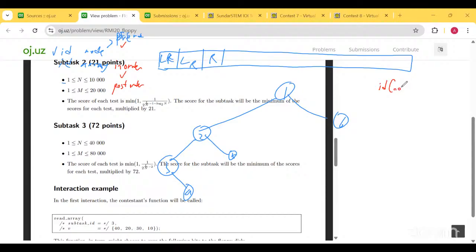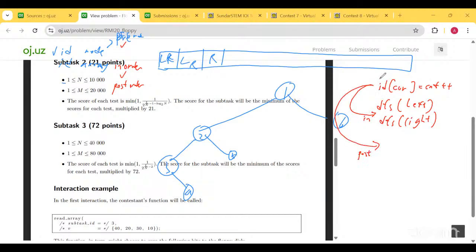The index for the current node is equal to CNT plus plus, and then DFS to the left and DFS to the right. It is pre-order. How about the in-order? In-order is moving this line to this. But if we move here, it is post-order. For this, it is pre-order. Is it understood?